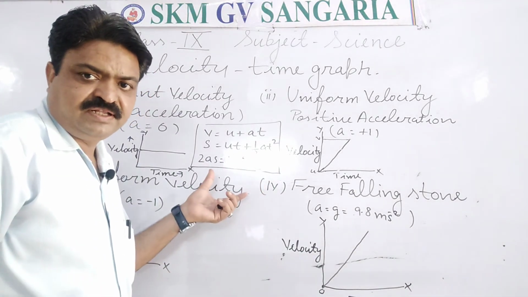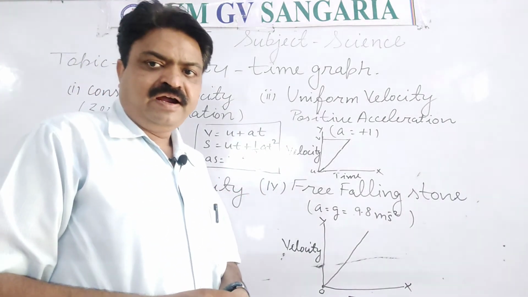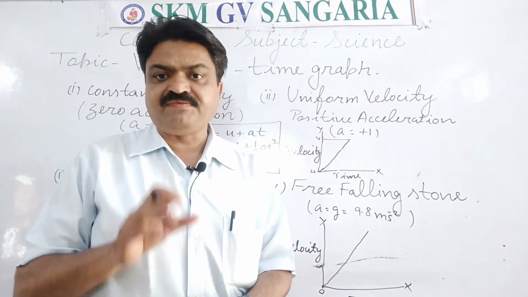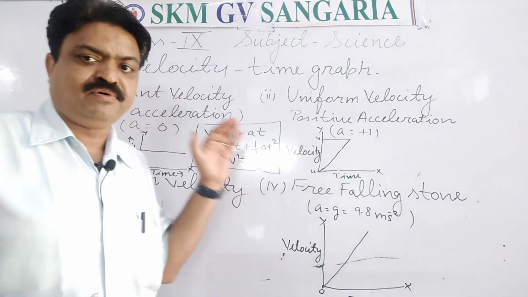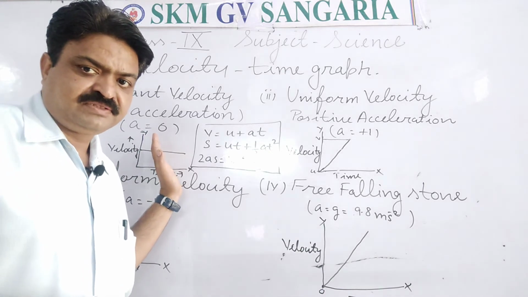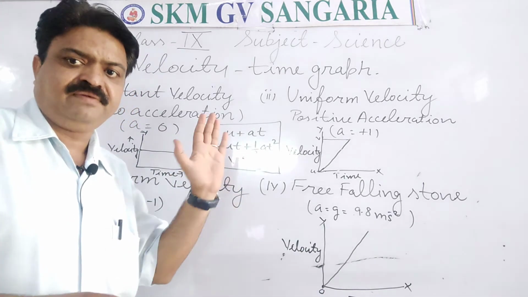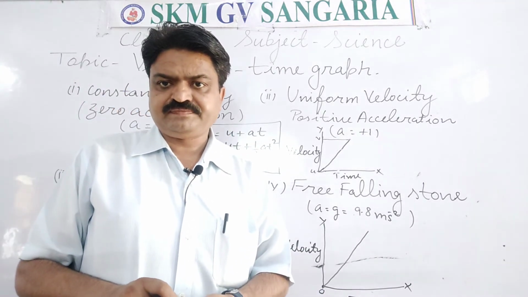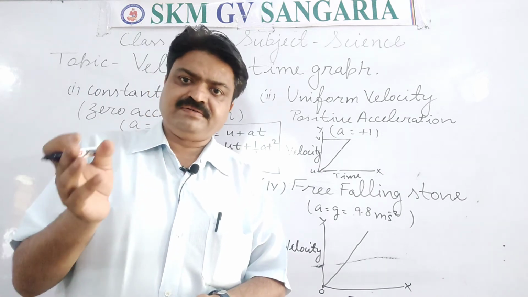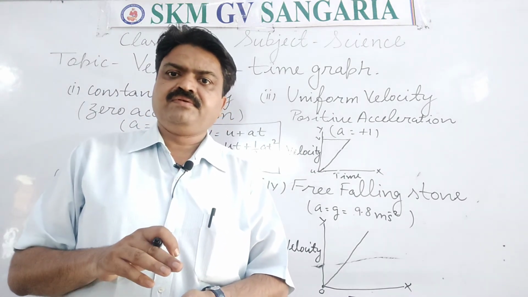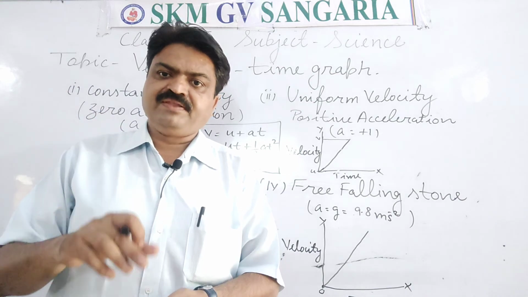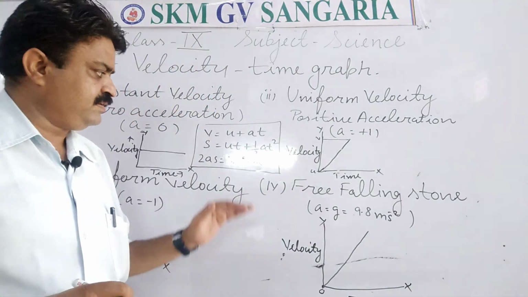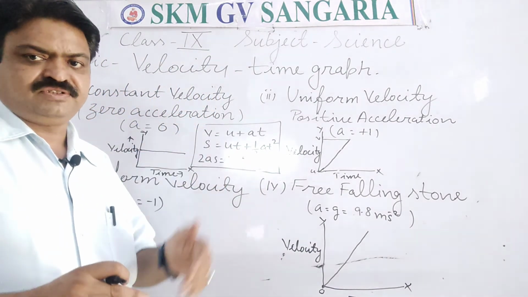So these are the three equations of motion, and we can get these three equations with the help of the graphical representation of the velocity time graph, students. If we get the relation of velocity and time, then we can easily get these equations of motion.